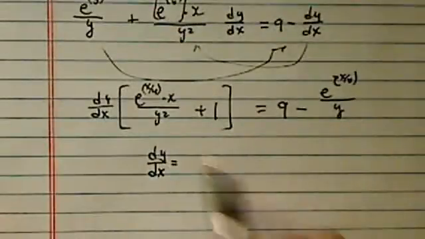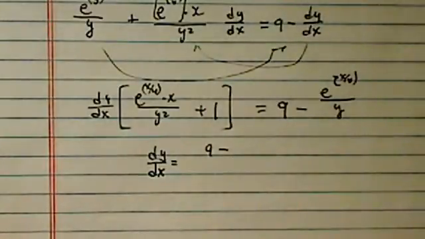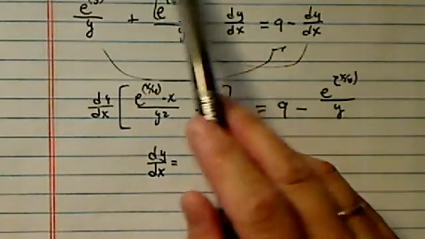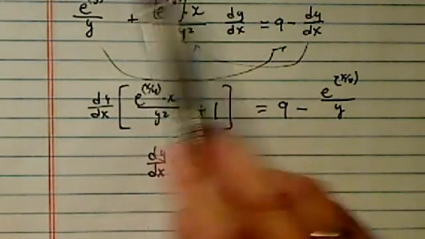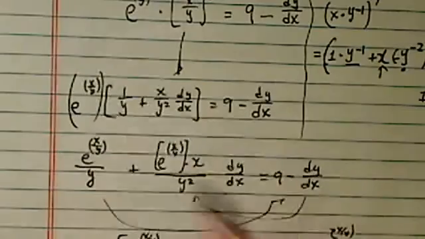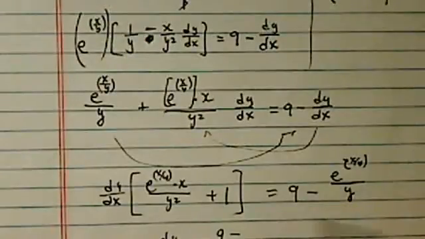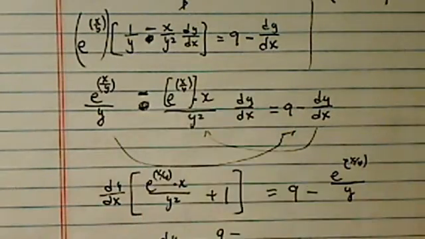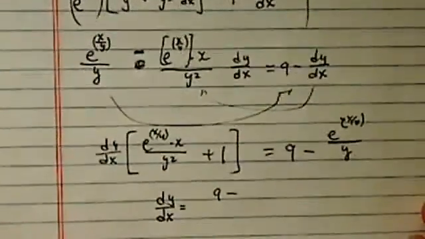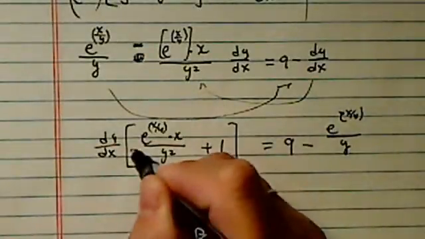One more step, dy dx. I might have to simplify a little bit, but dy dx is equal to this chunk, which is 9 minus... let me make sure I didn't forget a minus sign here somewhere. I have a feeling I forgot a minus sign over here. Yep, this one is a minus. This is a minus, which means this one is a minus sign. That one has a minus sign, so that's a minus sign here.